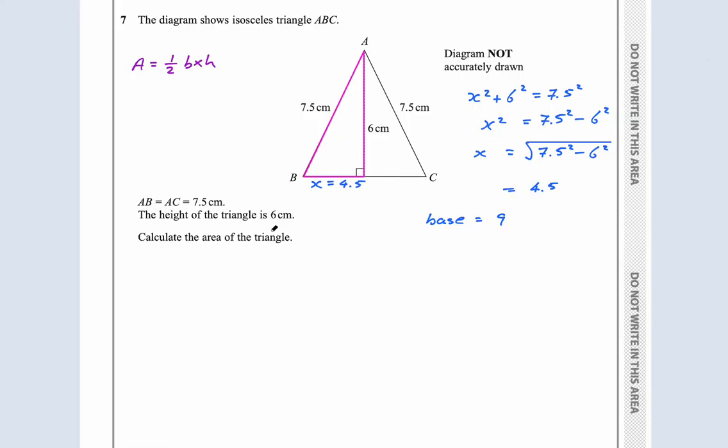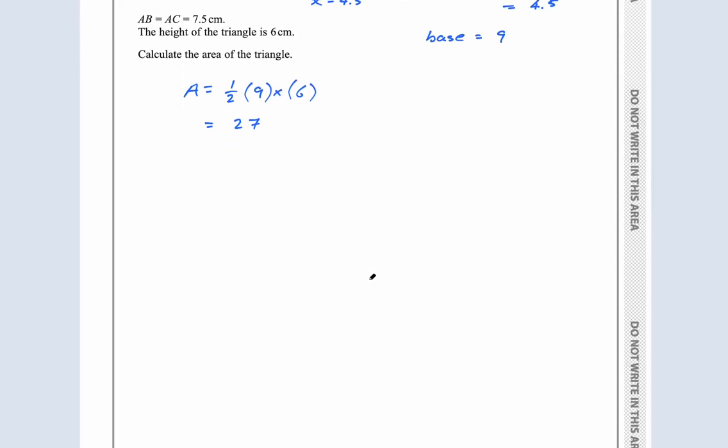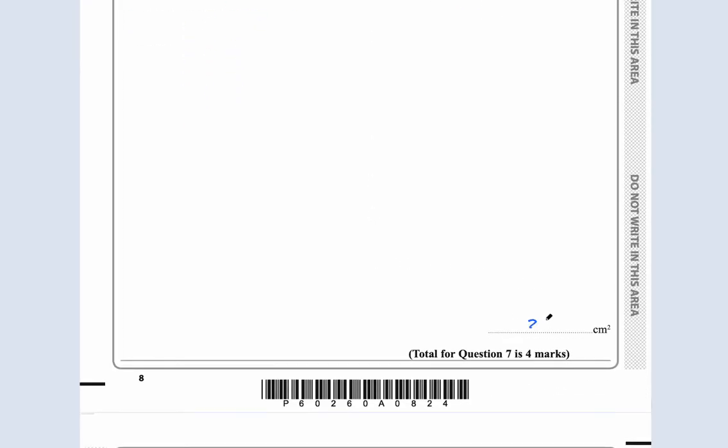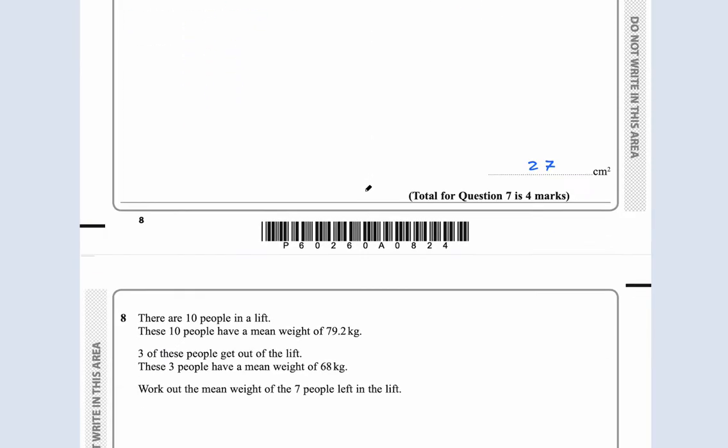So the area of the triangle is equal to a half times the base, which is 9, times the height, which is 6. You can do it on your calculator, guys, but half of 6 is 3, and 3 times 9 is 27. So the area of the triangle is 27 centimeters squared. Tells us it here. Perfect.